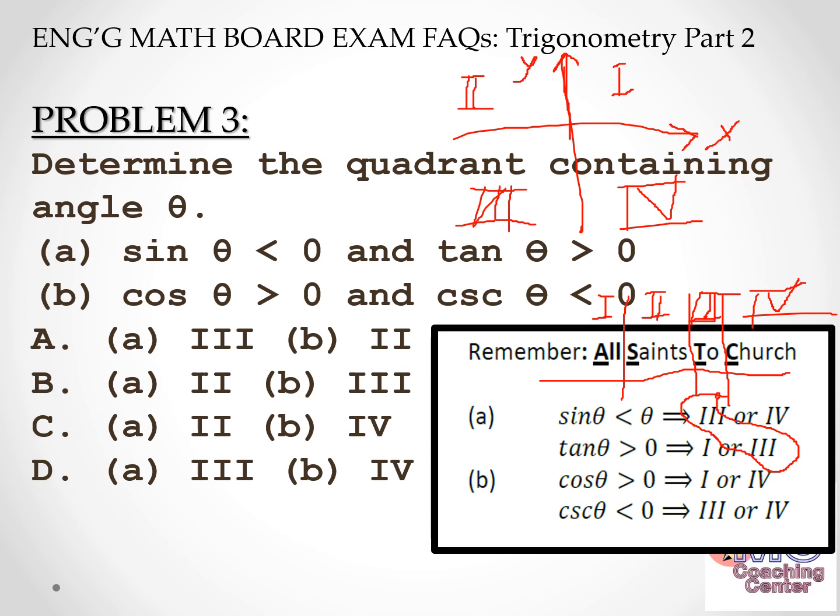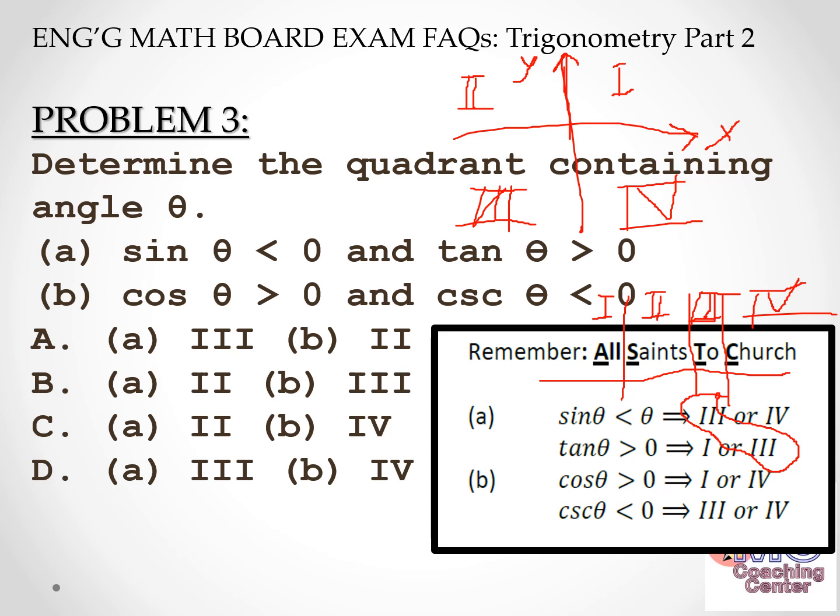Yung letter B naman, cosine theta is greater than 0, magiging positive si cosine by first or fourth quadrant. Kaya nilagay ko dito first or fourth quadrant. And then si cosecant naman, magiging negative by third or fourth quadrant. So therefore, anong quadrant itong si letter B?